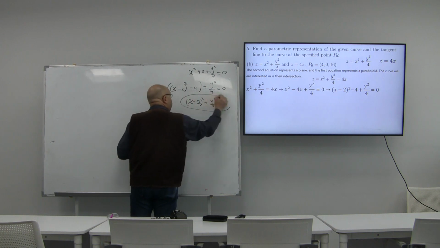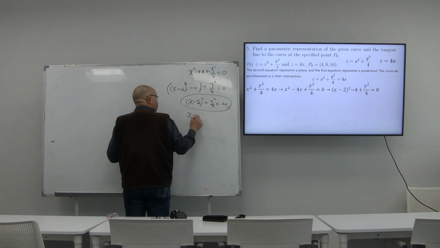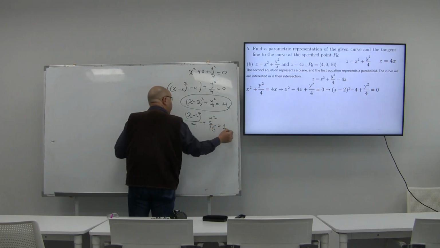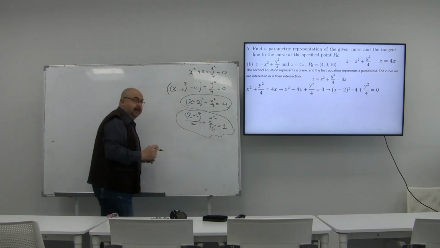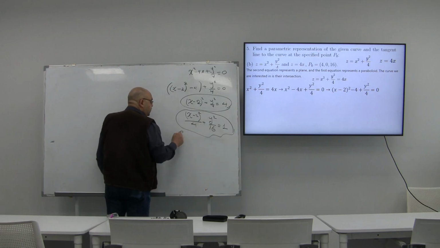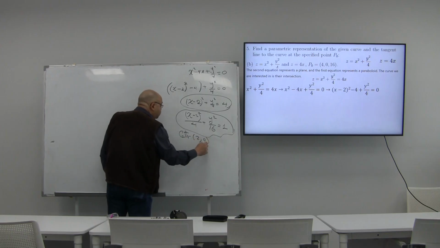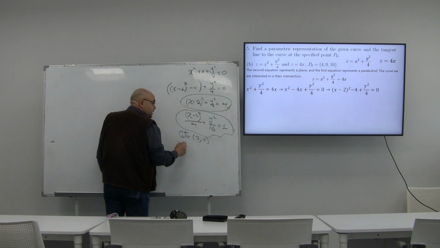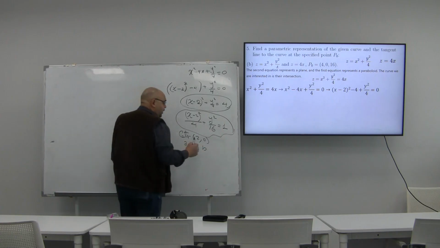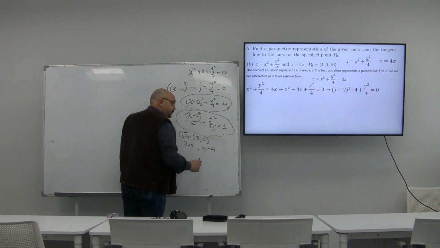I will divide this equation by 4. That will leave me with x minus 2 to the power of 2 divided by 4 plus y squared divided by 16 equal 1, which is an equation of an ellipse in the general form, where the coordinates of the center of this ellipse are 2 and 0, where a, the semi-axis in the x direction, is going to be 2, and the semi-axis in the y direction is going to be 4.